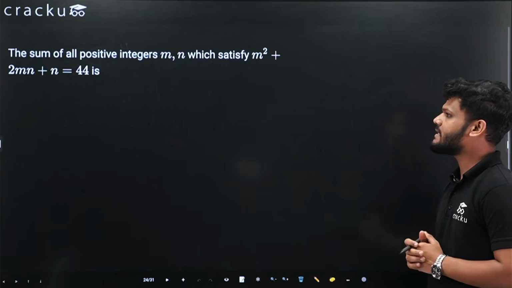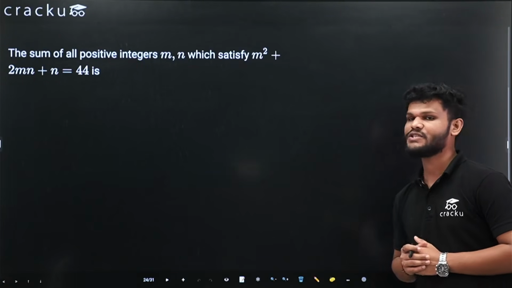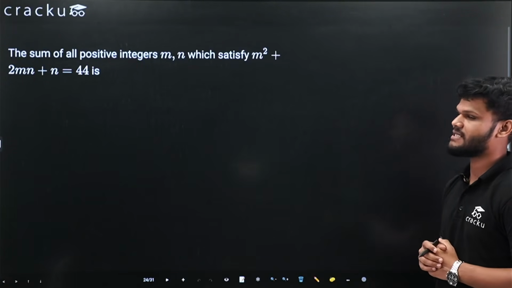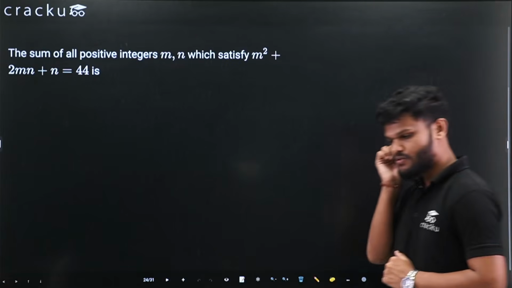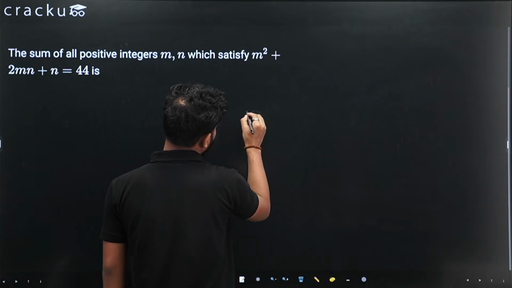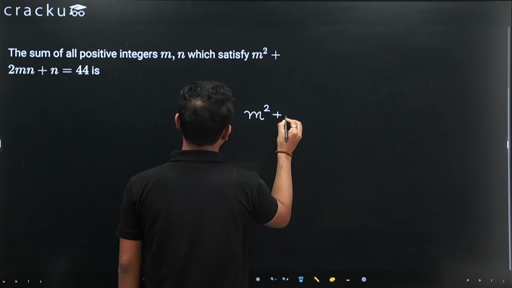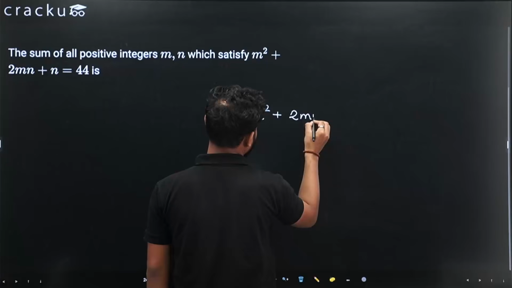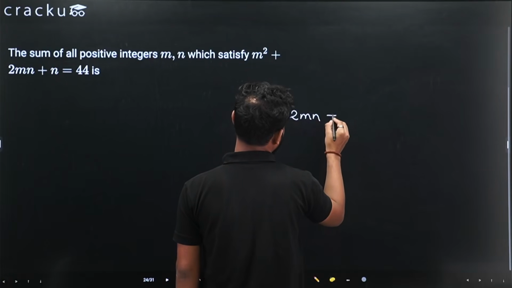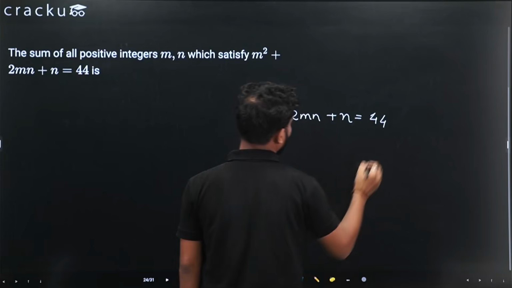It is given: find the sum of all positive integers m, n which satisfy m square plus 2mn plus n is equal to 44. So it is given that m square plus 2mn plus n is equal to 44.